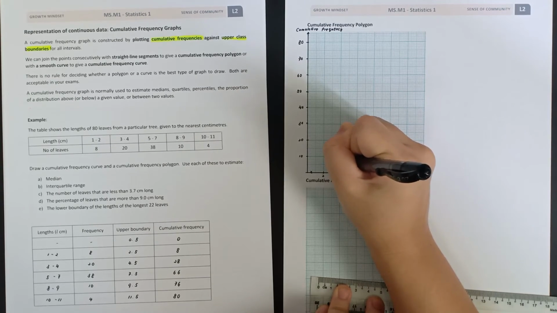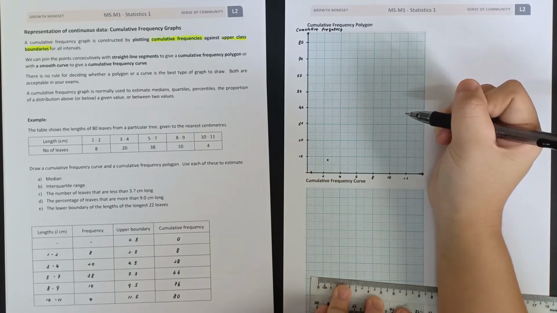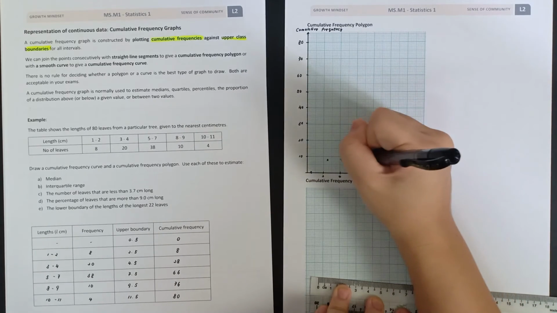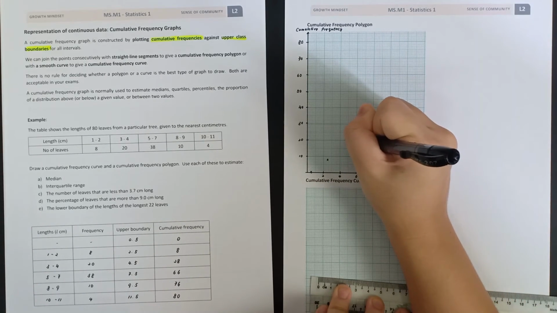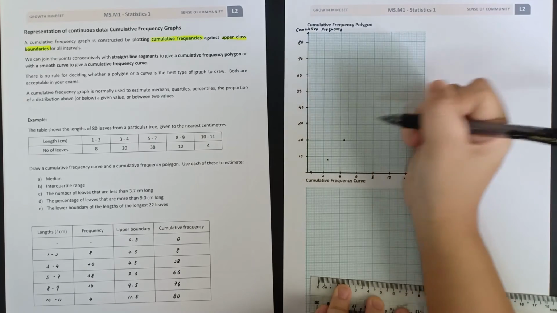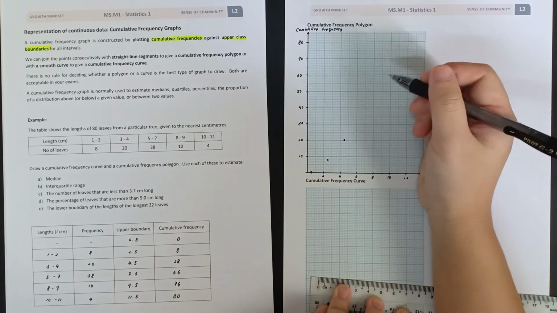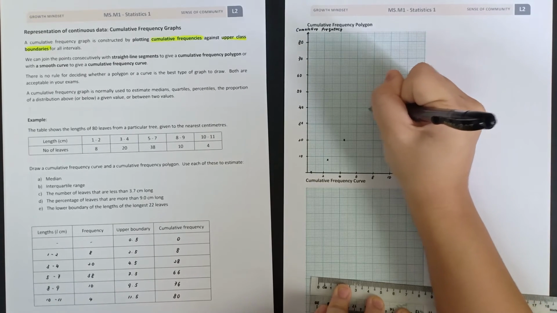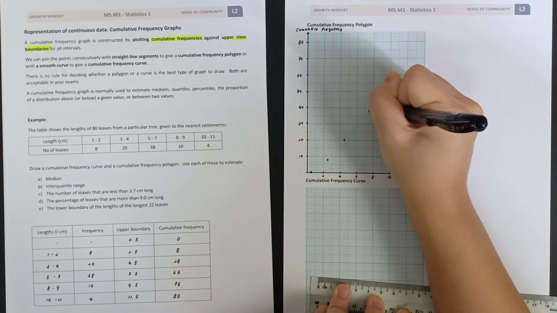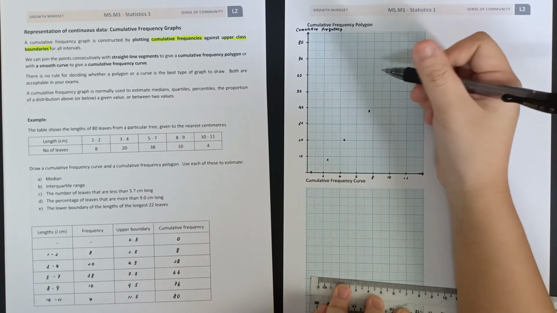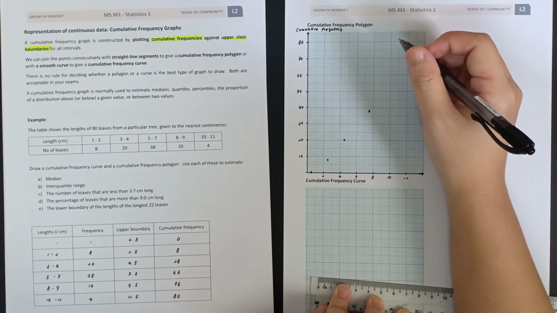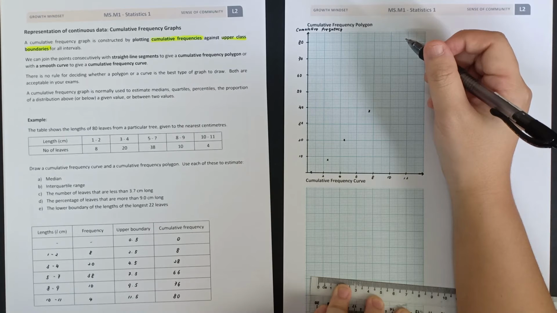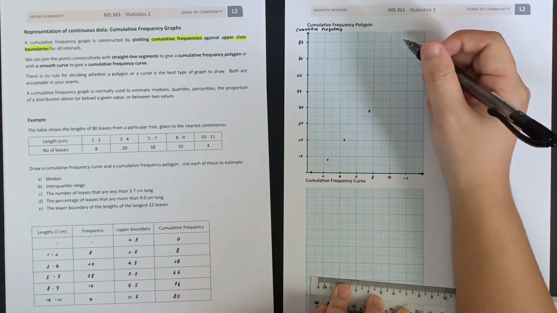8. Okay, then 4.5 you have 20. Then 7.5, 38. Next one, 9.5 is... Do I do anything wrong?